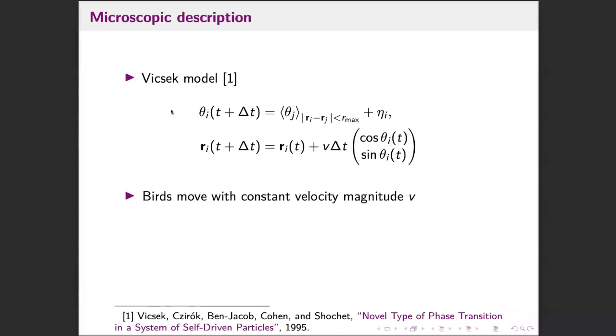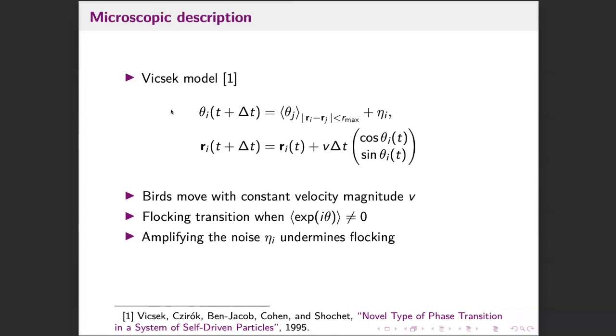They will align their orientation, and you can also have different rules. For example, you can have topological rules where it doesn't matter on the radius, but they'll lead to similar behavior, namely that you can get a flocking transition which depends on the noise. So if the noise is too large, it will not happen. It will just fluctuate too strongly. And if you enhance density, then it will be more robust to this noise, so there will be more flocking.